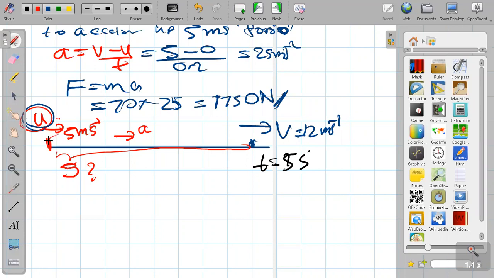His feet are still just touching until then. The 0.2 is not the time he moves, it's only the time to accelerate to start moving. Some people I have seen try to take the time as 5 minus 0.2. It's wrong. It's just the next 5 seconds.